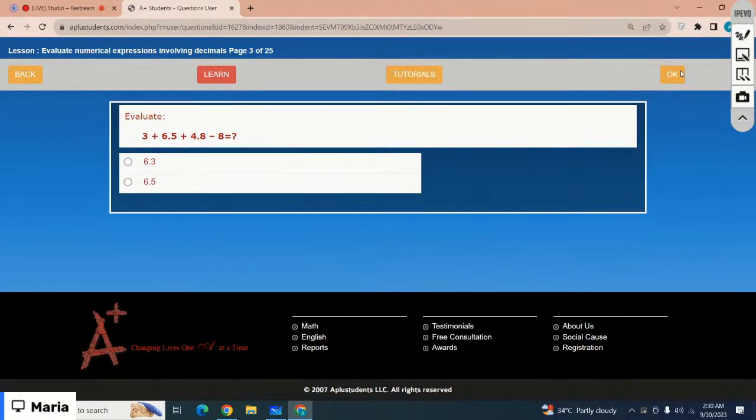Again, you have addition and subtraction, right? So you have to go from left to right. So which is the correct option? Just add and subtract. The correct option is, which is the correct option?